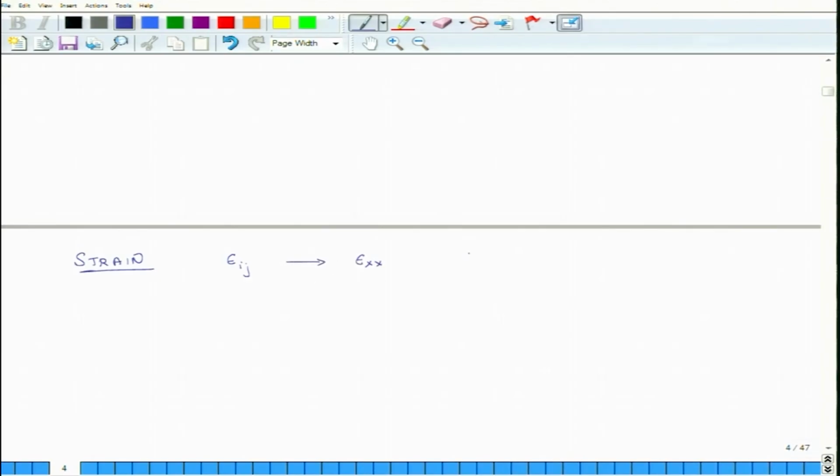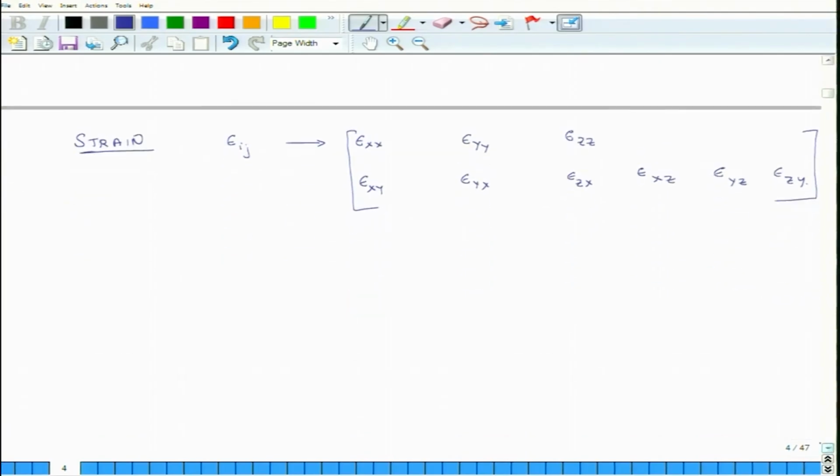Epsilon xx, epsilon yy, epsilon zz, and then epsilon xy, epsilon yx, epsilon zx, epsilon xz, and epsilon yz and epsilon zy. So, these are the 9 components of the strain tensor.